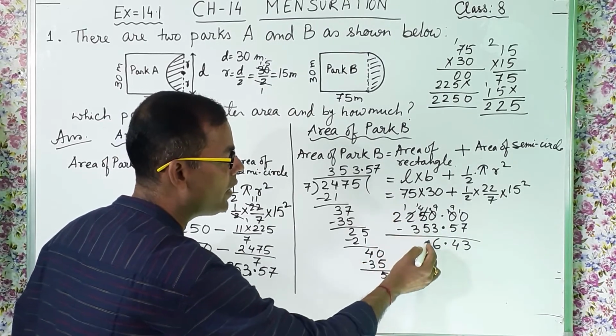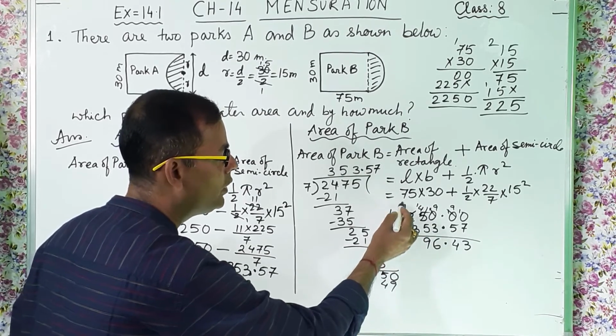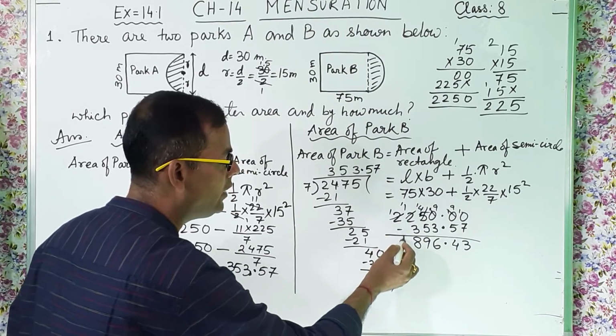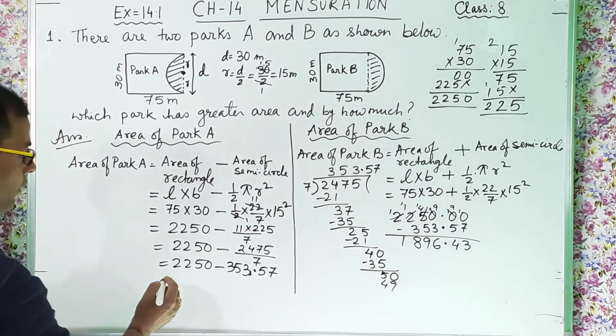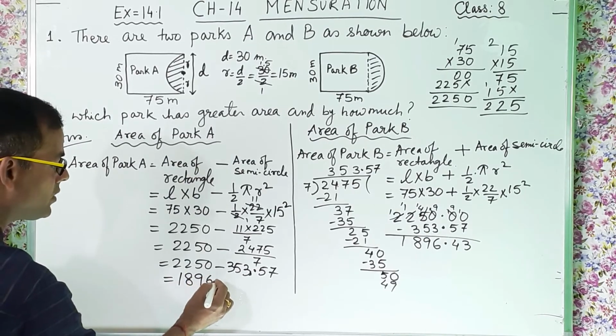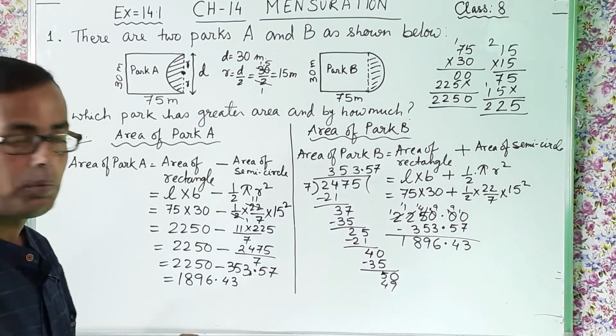So, 14 minus 5, 9. Now, you cannot subtract, again you have to borrow, it becomes 11. So, 11 minus 3, 8 and then 1. So, what you get here? 1896.43. Clear? Understood up to this much?